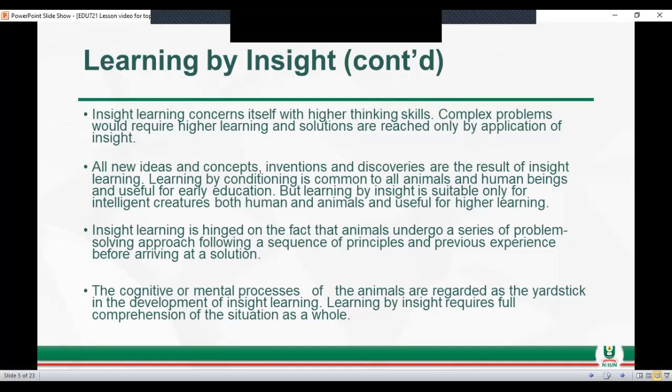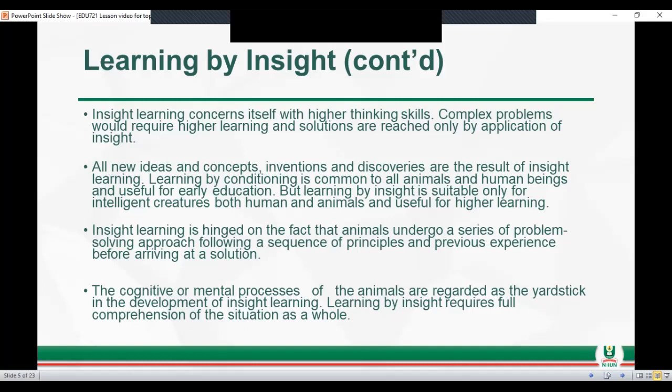So their focus is on mental processes. They believe that all new ideas and concepts, inventions, and discoveries are the result of insight learning. All this wouldn't have taken place without insight learning.